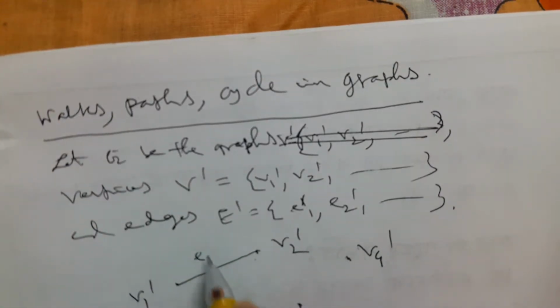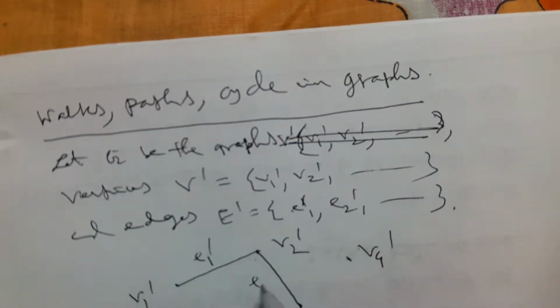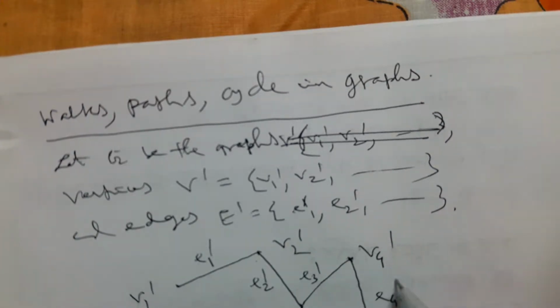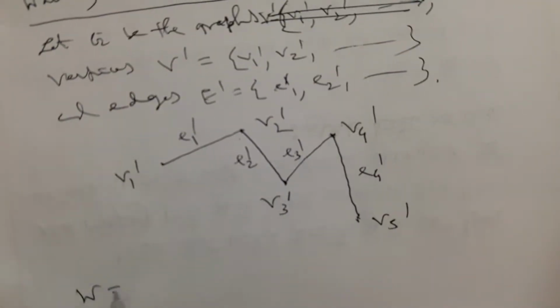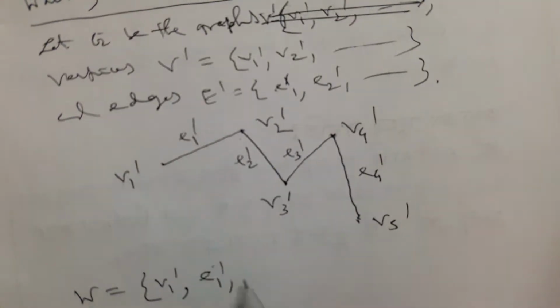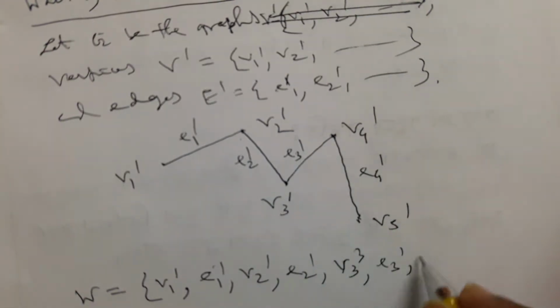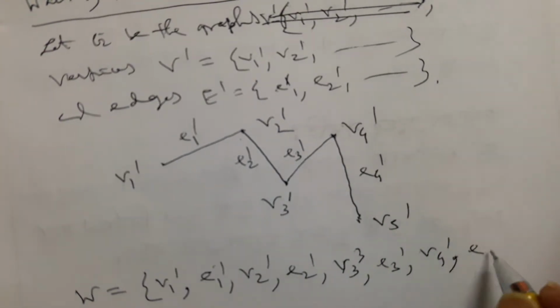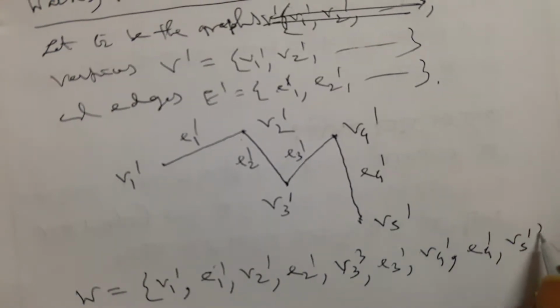If we consider the edges E1', E2', E3', and E4', then we can define a walk W as an alternating sequence: V1', E1', V2', E2', V3', E3', V4', E4', V5'.